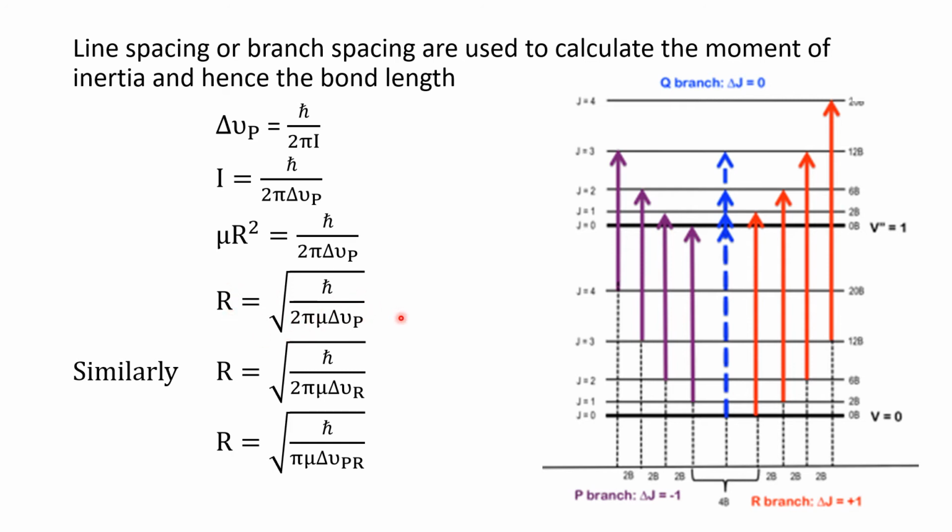So if you know the value of the reduced mass, and all others are constant, and this delta nu P in case of R is nu R, and in case of the P and R it is nu PR, this can be easily calculated. So this spacing could be calculated, this spacing could be calculated, and this spacing could be calculated. From the spacing of these lines, we can easily calculate the bond length.